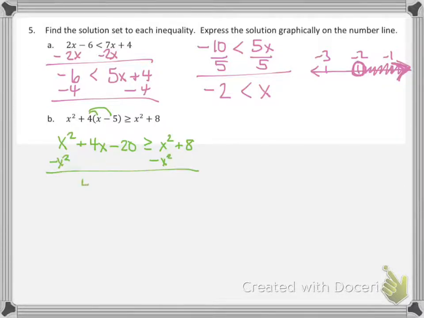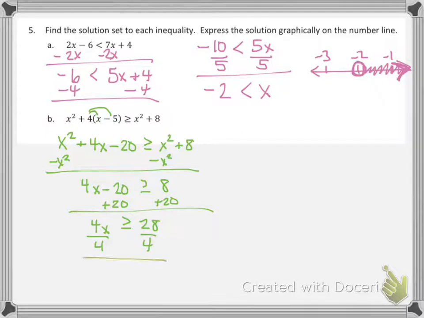That leaves me with 4x minus 20 is greater than or equal to 8. And then I could add 20. And that gives me 4x is greater than or equal to 28. And then divide by 4. And that gives me x is greater than or equal to 7.